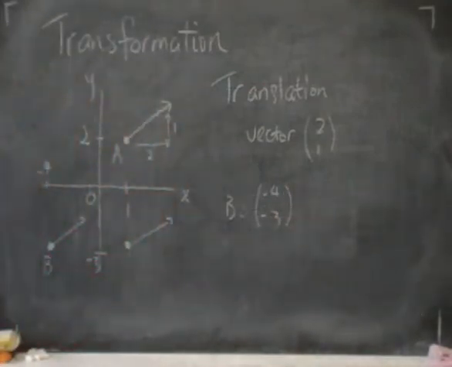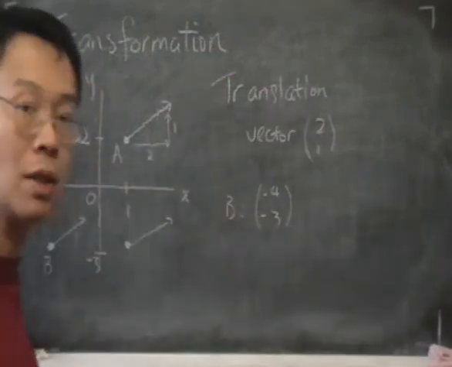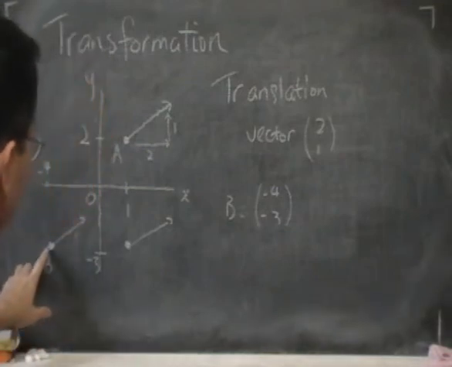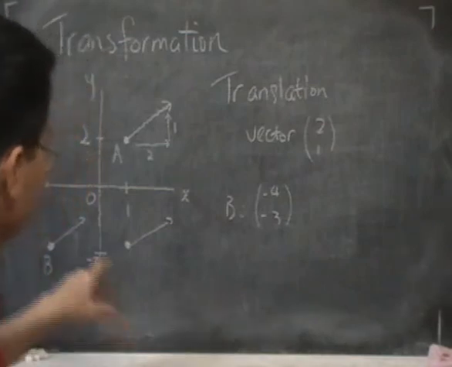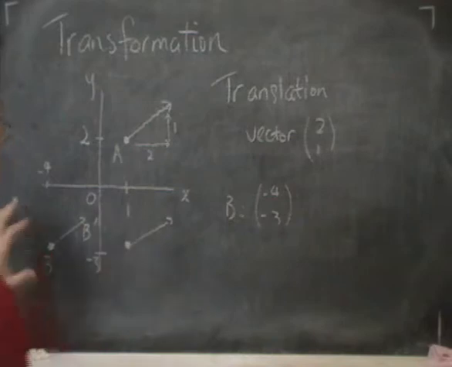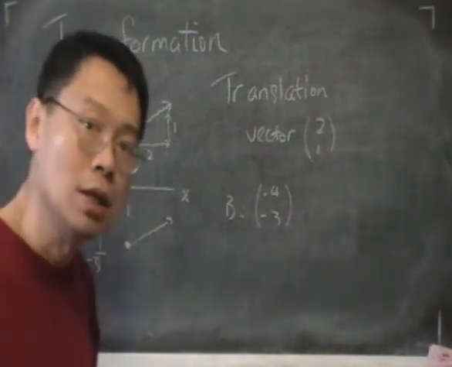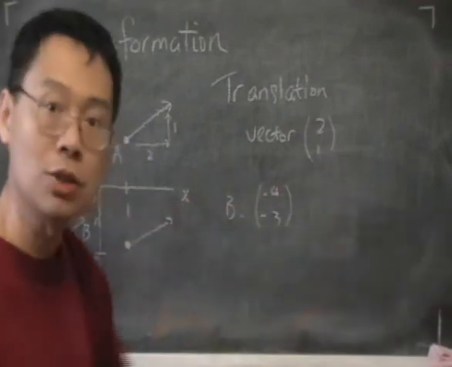Now we say that we can apply a translation to B, and when we apply this translation, the point B moves from this point to that point, and we can find the new point, let's say I call it B prime. There's B with a stroke next to it. I can find this point B prime simply by adding the translation vector.